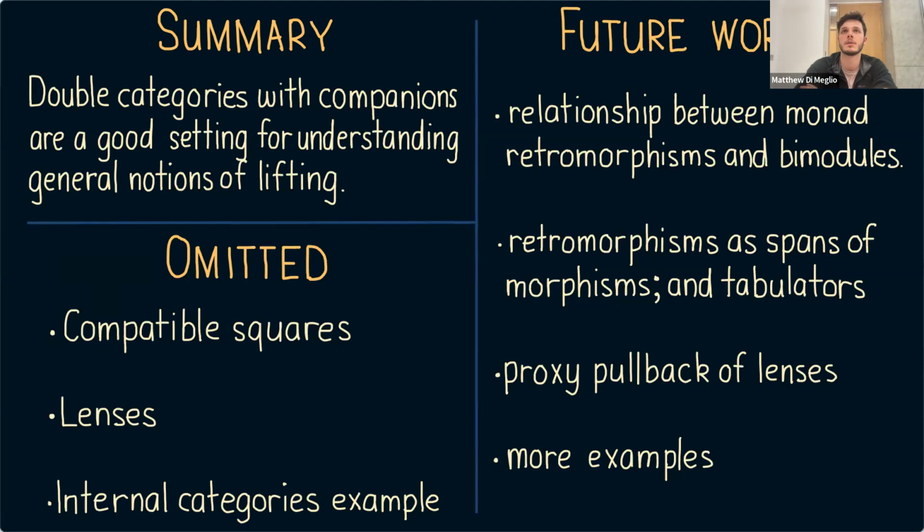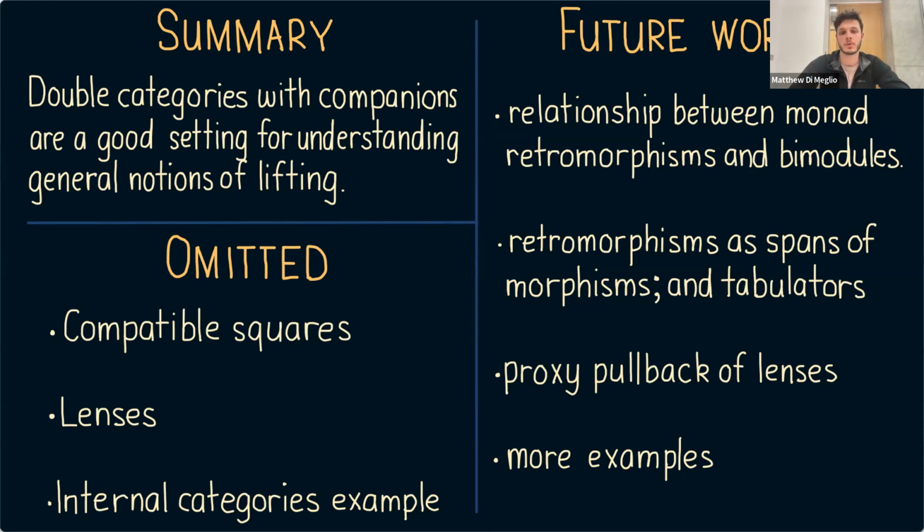Another thing to think about: one of Bryce's ideas that he likes to talk about is that a cofunctor can equivalently be viewed as a span of functors of certain type.